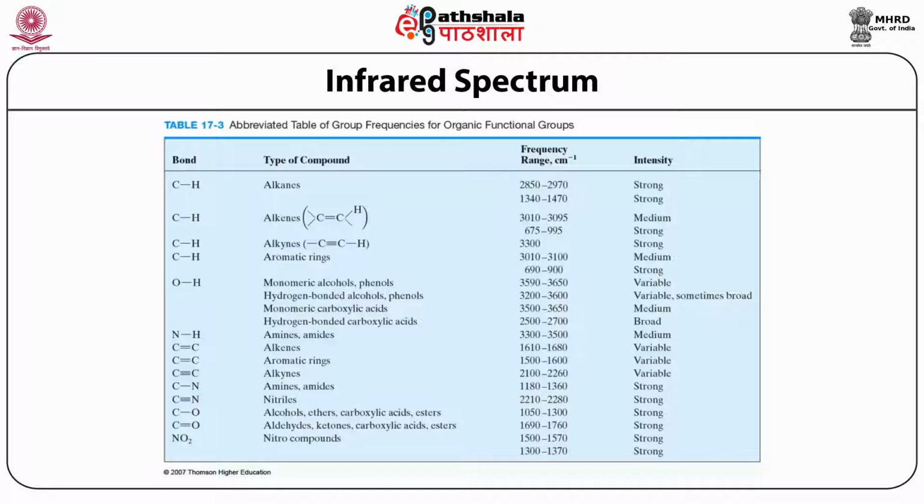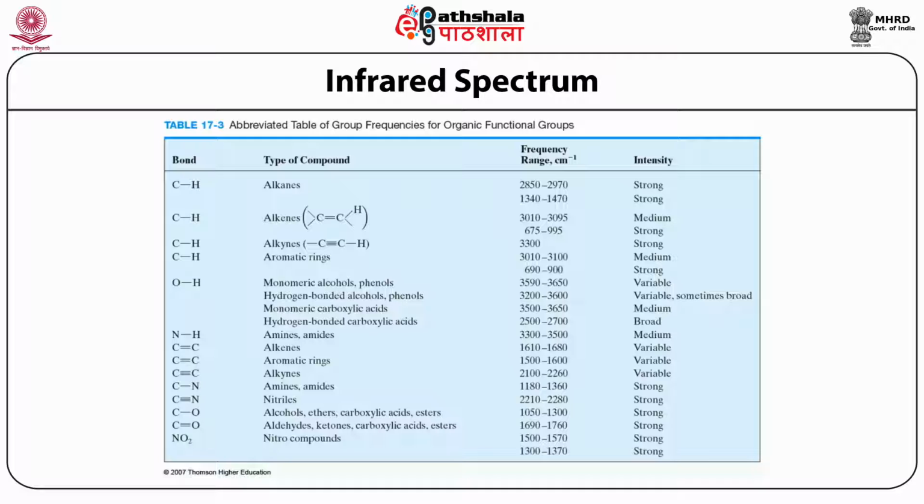For example, in the monomeric alcohol, in phenols it gives 3590 to 3650, and hydrogen-bonded phenol gives 3200 to 3600. Similarly, monomeric carboxylic acid gives you 3500 to 3650, and hydrogen-bonded carboxylic acid gives you a broad peak at 2500 to 2700.